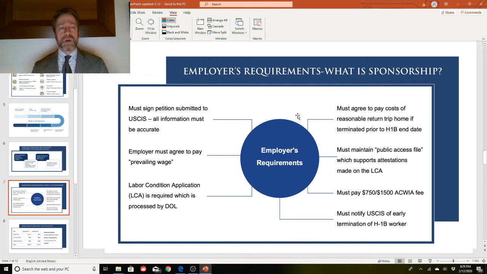Okay, so what do employers have to provide, and what do employers have to do to qualify to sponsor an H-1B visa? Okay, first of all, they must agree to pay the prevailing wage, okay? And the Trump administration has been scrutinizing applications that use low wages.